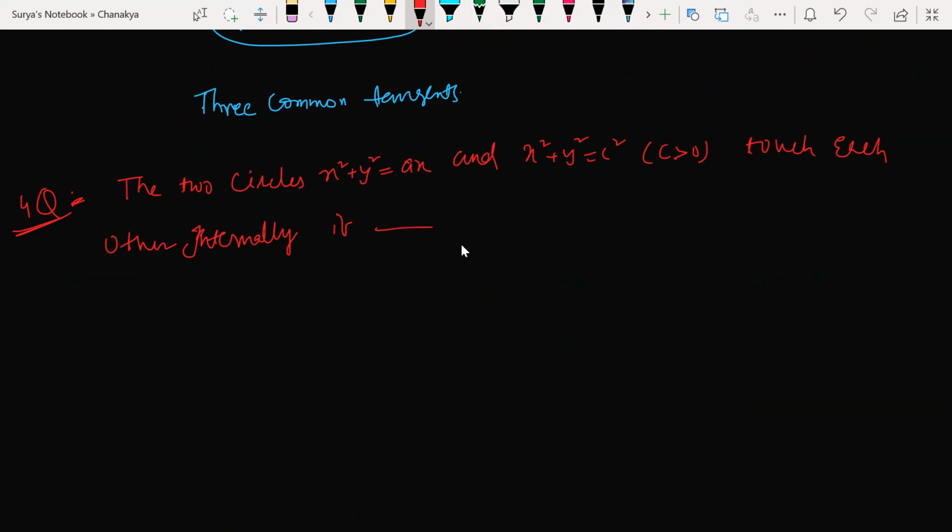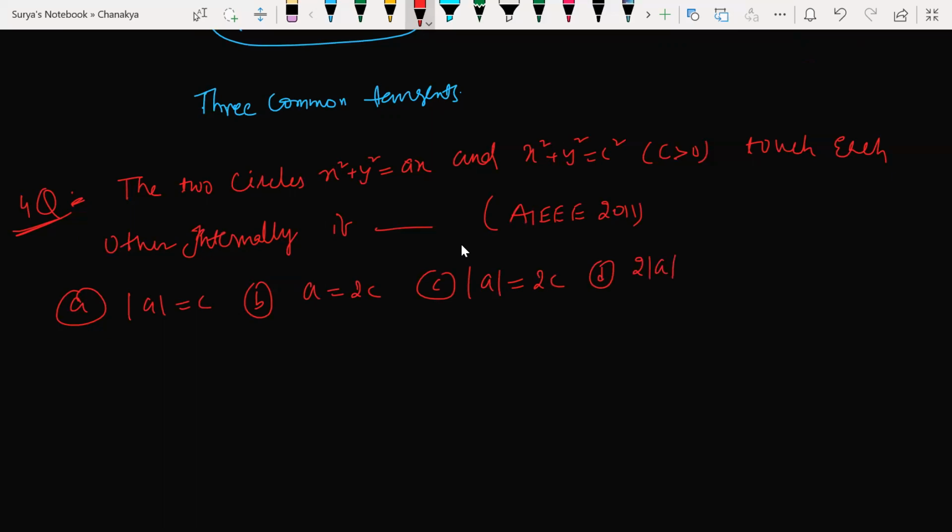If dash. This is an AIEEE 2011 question, which means JEE 2011 question. Option A, when modulus of a is equal to c. Option B, when a is equal to 2c. Option C, modulus of a is equal to 2c. Option D, 2 times modulus of a is equal to c.